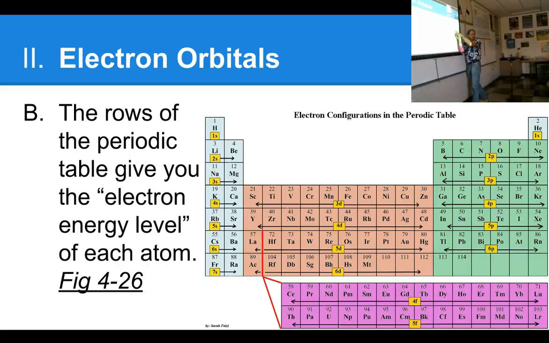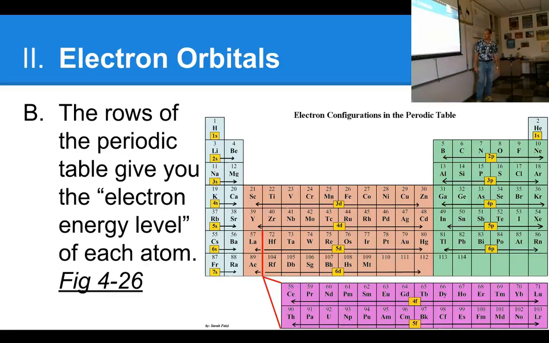That's sulfur's electron configuration. Let's pick tin. Tin has 1s, 2s, 2p, 3s, 3p, and 3d. So you just read through the table, and you get the electron organization for any element you pick, okay?